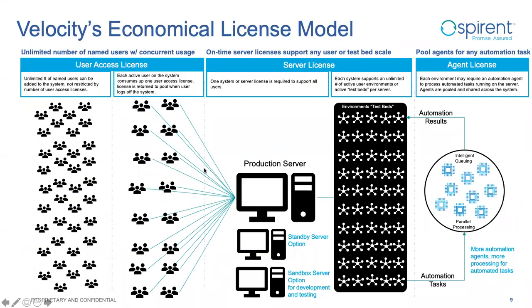The Velocity economic license model is something that is really a competitive advantage within Velocity, where we have an unlimited number of named users with concurrent usage. Each user on a system consumes only one access license, which is returned to the pool when the user logs off.